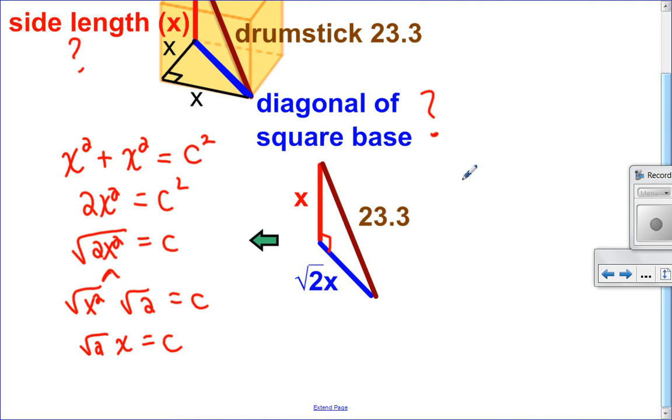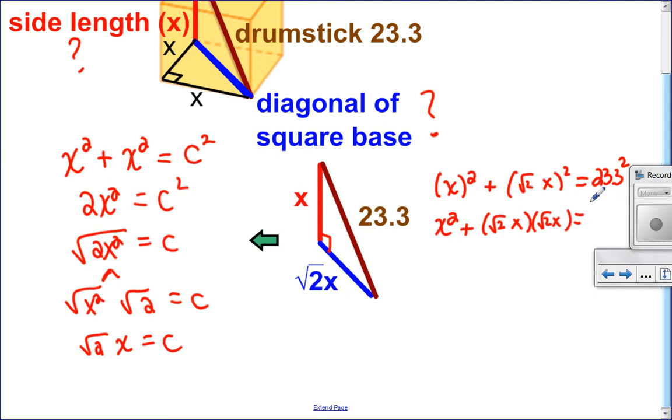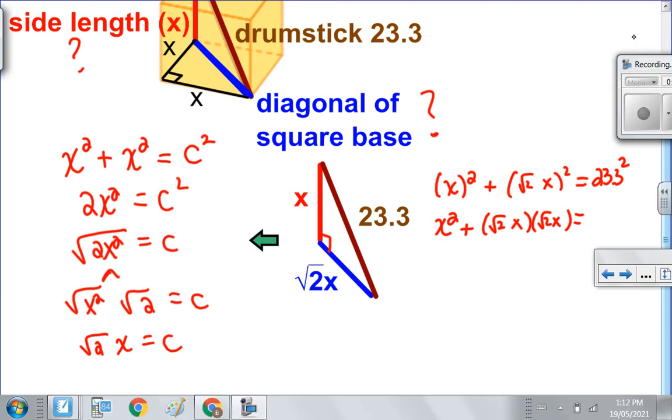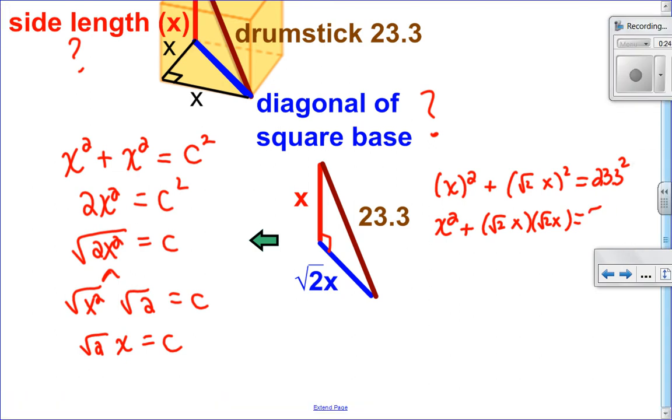So using the Pythagorean theorem, I've got x squared plus root 2x squared equals 23.3 squared. Let's simplify this. I have x squared plus, I'm going to write this out 2 times just because I don't want to make a mistake. And then 23.3 squared is equal to 542.89.